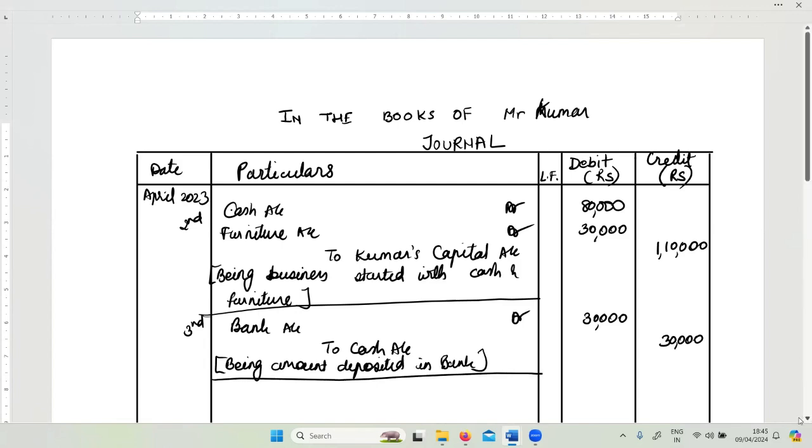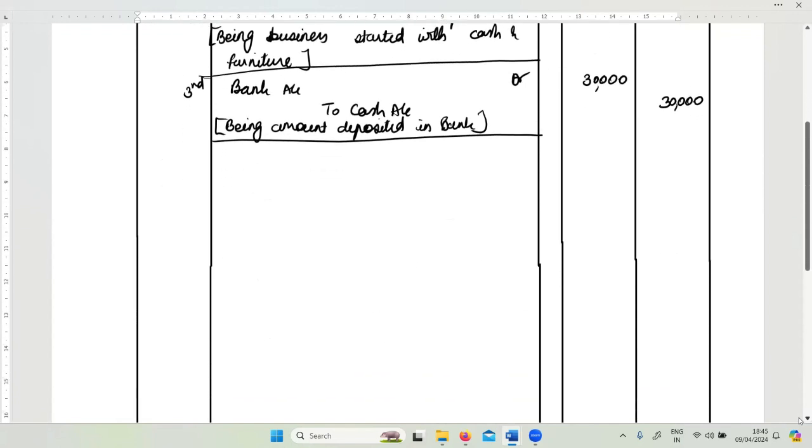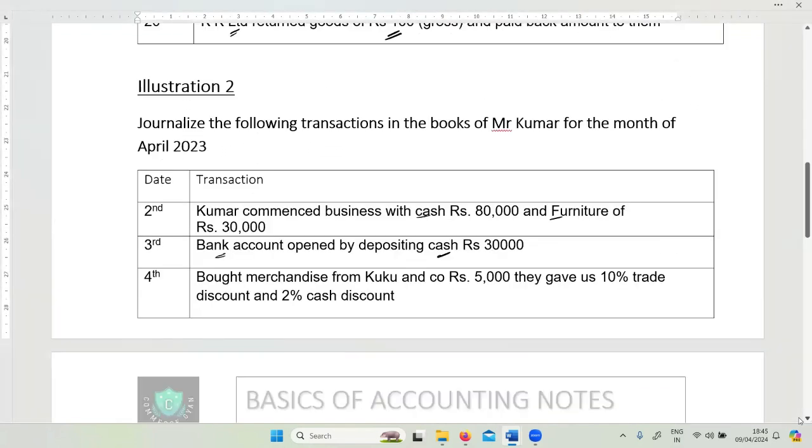Next transaction that we are moving on to. Next journal entry we are supposed to do is on 4th. Bought merchandise from Cuckoo and Company 5,000. They gave us 10% trade discount and 2% cash discount. Now here we have two parts. One is basically Cuckoo and Company is giving us the goods and they have offered the 10% trade discount.